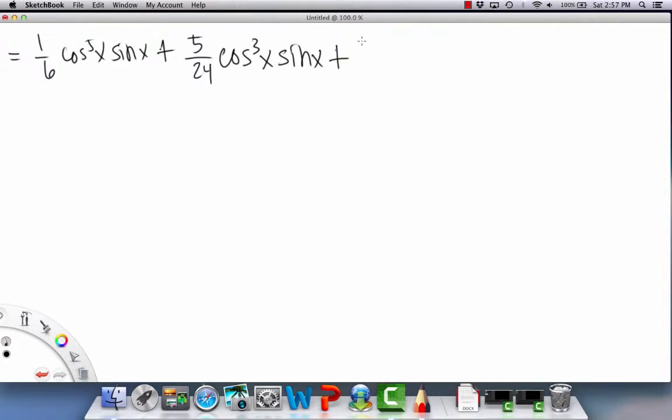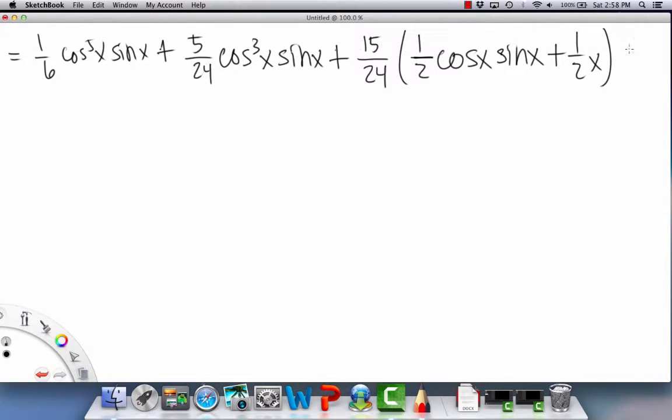So this turns out to be something like 5 over 24, and I'm cutting down on the math here because from here on out it's just trig stuff: cosine x sine x, plus 1/2 x, and of course plus c, because this is indefinite.